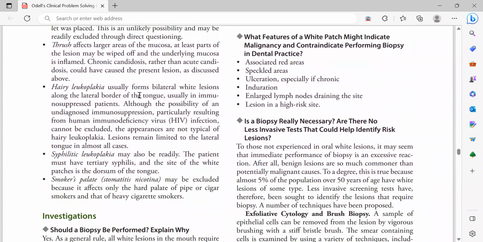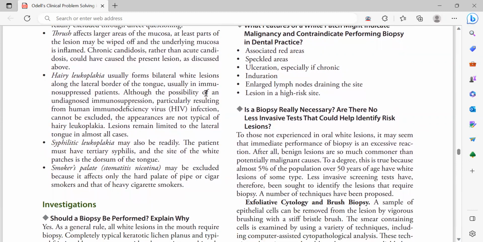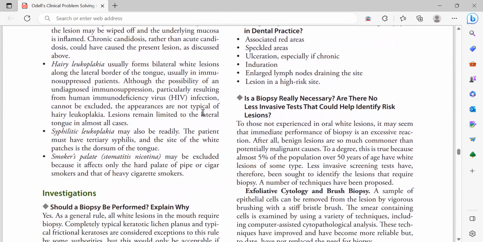Then hairy leukoplakia usually forms bilateral white lesions along the lateral border of the tongue. Usually it is seen in immunosuppressed patients, such as HIV patients. Although the possibility of an undiagnosed HIV infection cannot be excluded, the appearance is not typical of hairy leukoplakia.